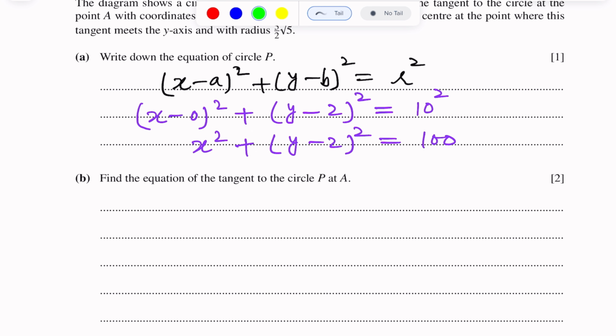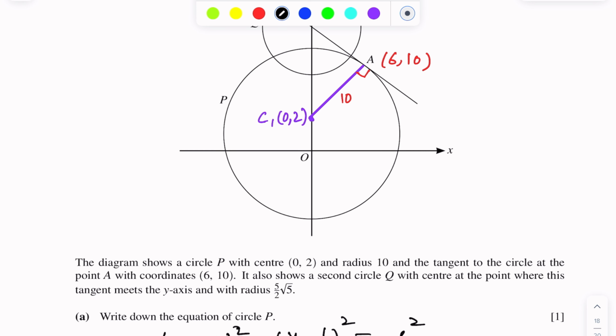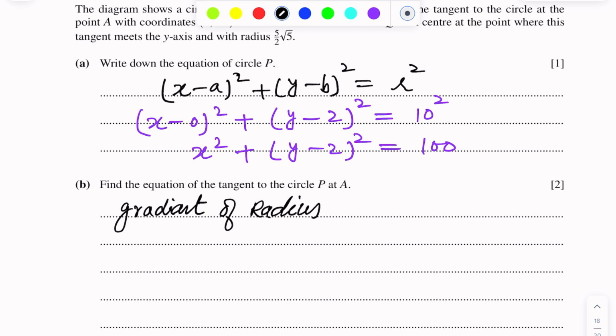Gradient of radius AC1 will be 10 minus 2 over 6 minus 0, that is y2 minus y1 over x2 minus x1.